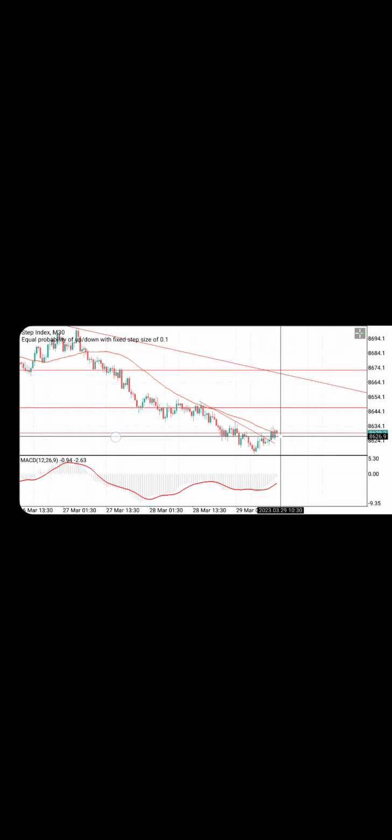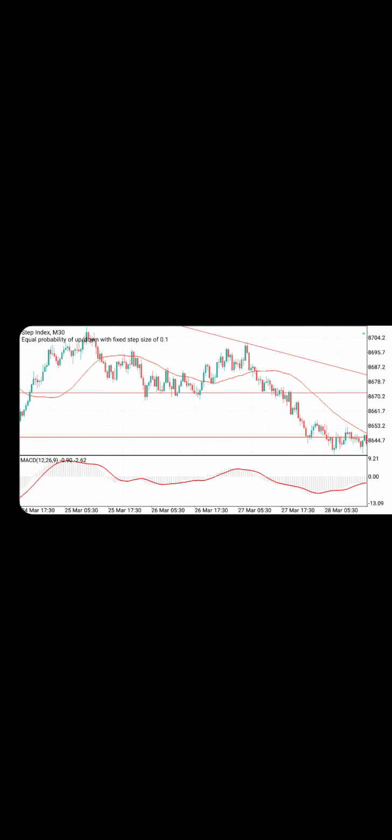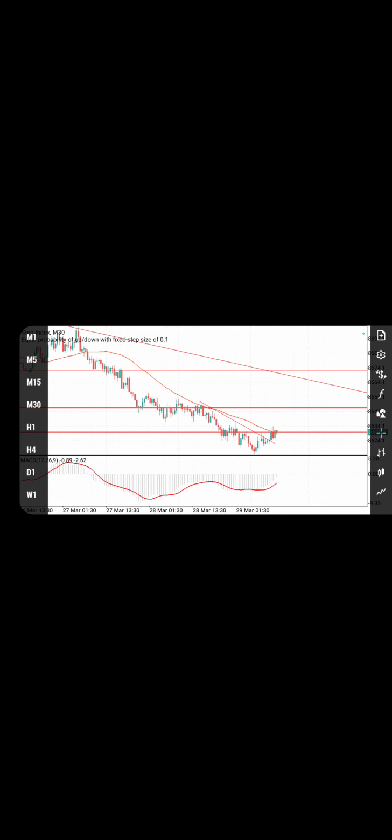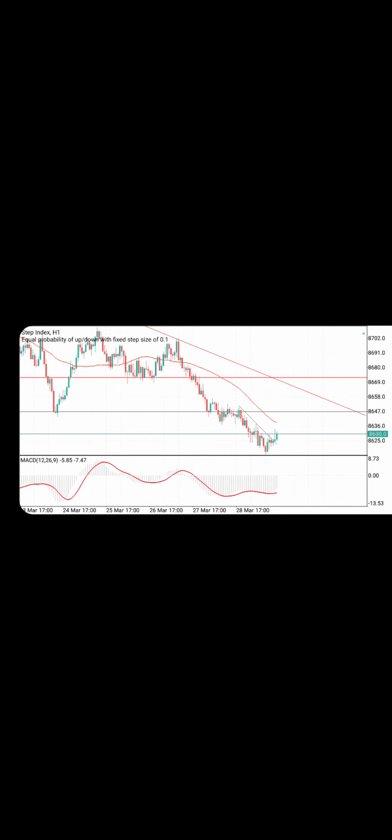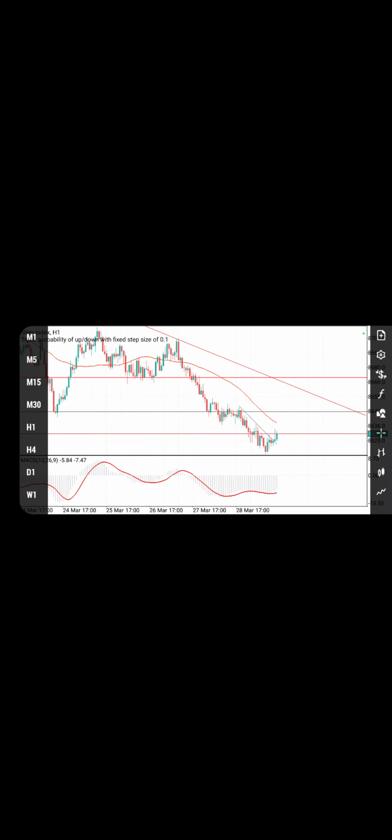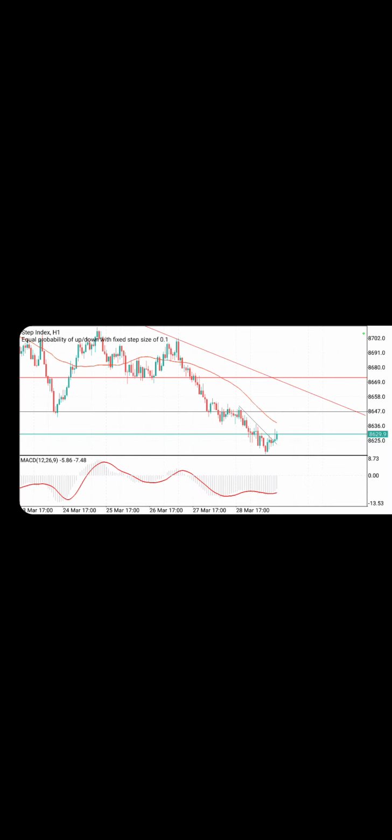This red moving average is already crossing below this chart, and once this crossing is successful, 30 minutes has also confirmed the buy. The 1 hour time frame has not yet crossed, but trust me, it is still looking to cross, and the red line on the MACD is still below the bar.